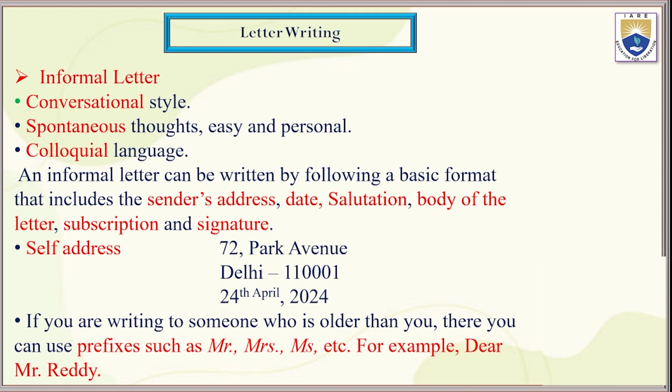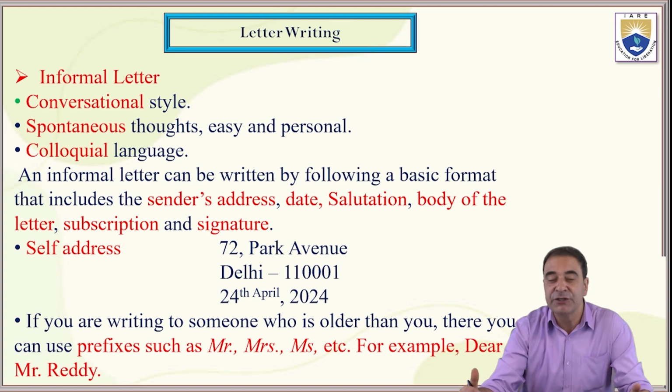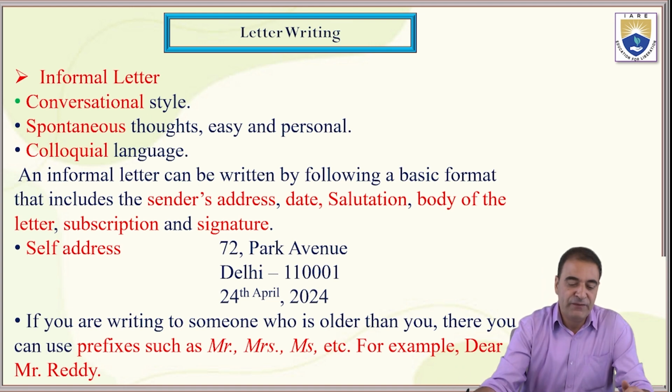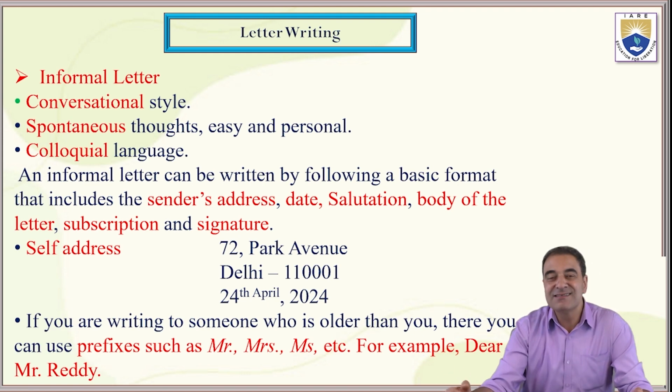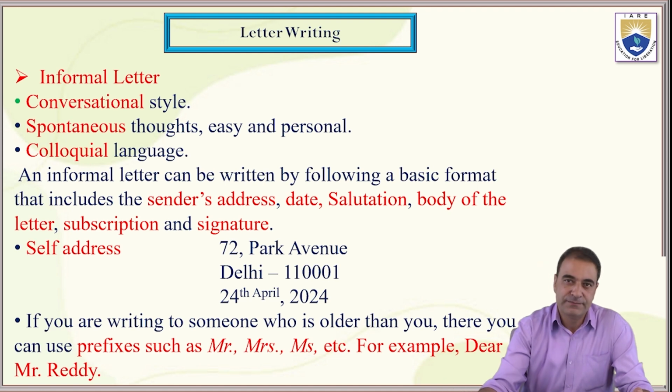Now, the first one is the informal letter. What are the different points which we take care of while writing an informal letter? The first one is that in an informal letter, we maintain a conversational style because it's informal.